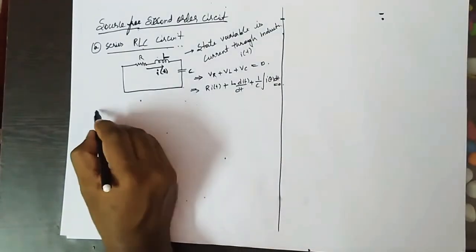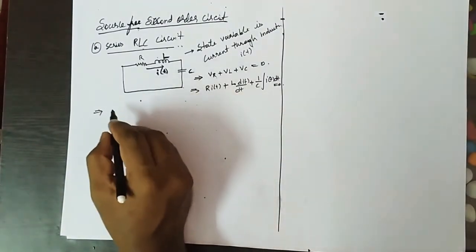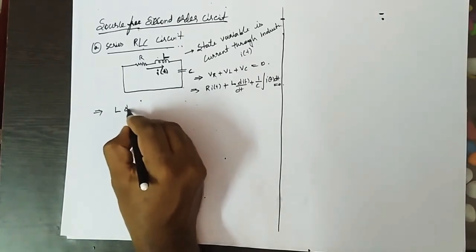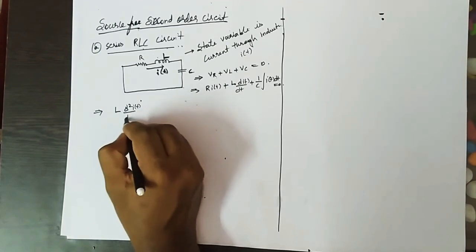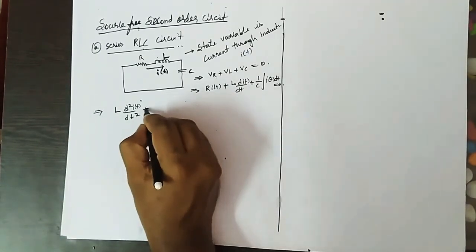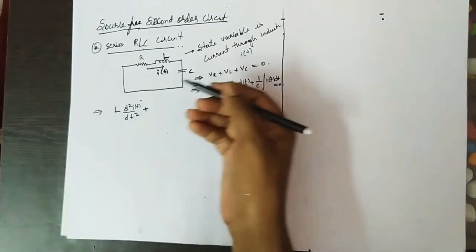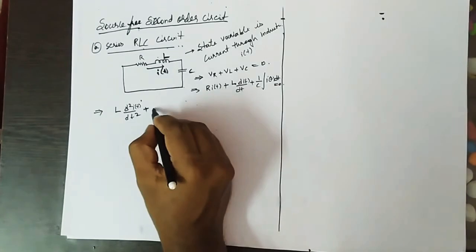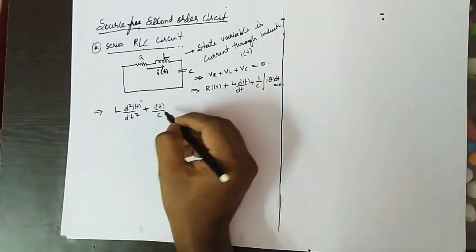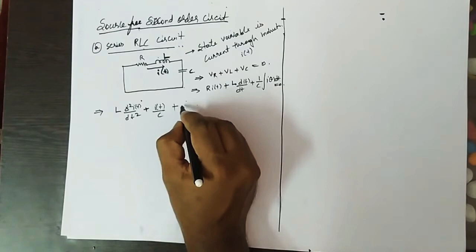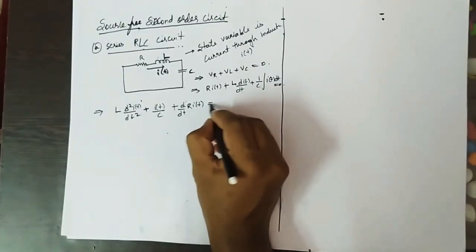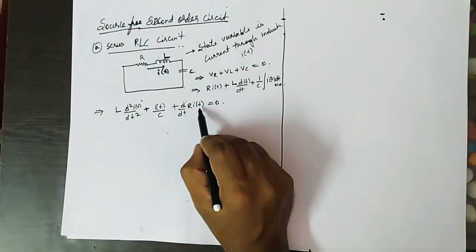Differentiate this equation, and we will get L d square i by dt square plus R di by dt plus i of t by C equal to 0. The differentiation of the integral cancels the integral and becomes i of t by C. We need the response i of t.